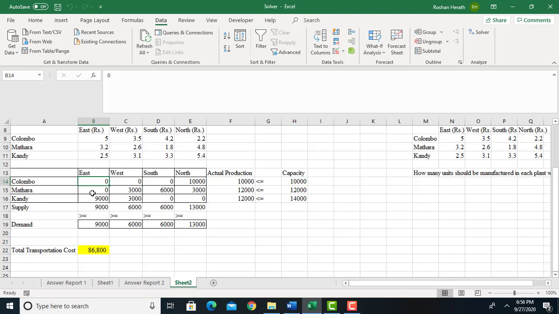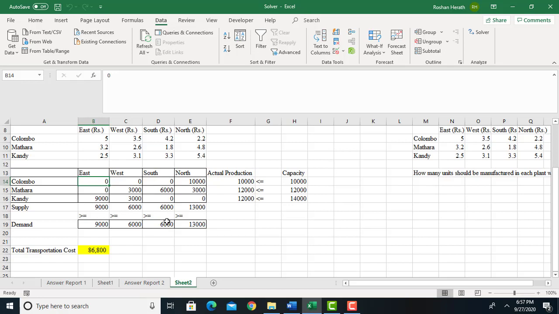And from Kandy, you are sending 9,000 to the east and 3,000 to the west. So out of the capacity, you only require 12,000. And when it comes to supply, you can see that at the end of the day, east was sent 9,000 units, and that was in fact the demand that they had. West, you had the demand of 6,000, and you have ensured it is achieved.